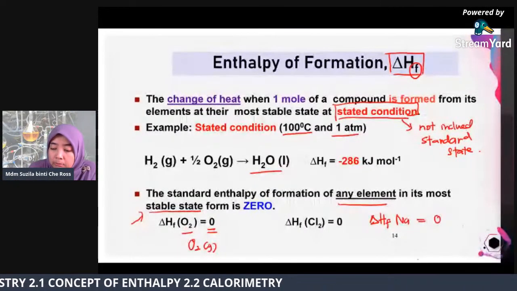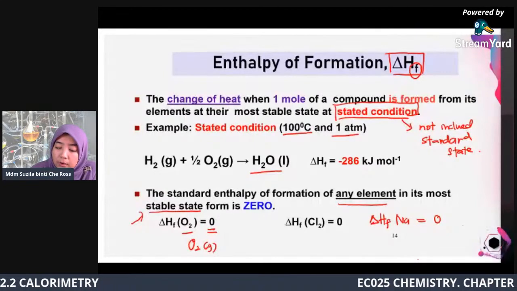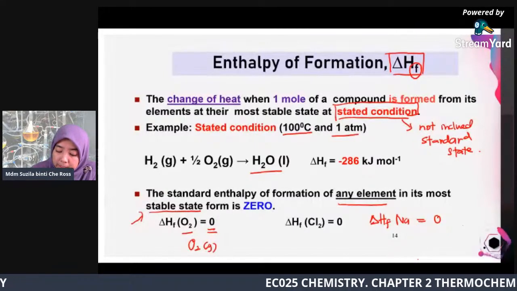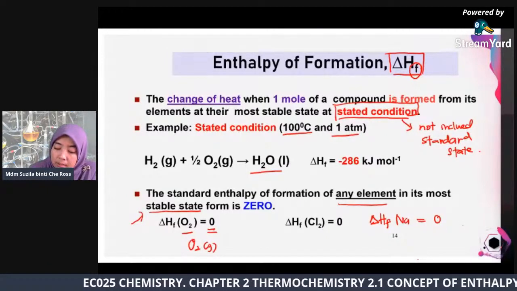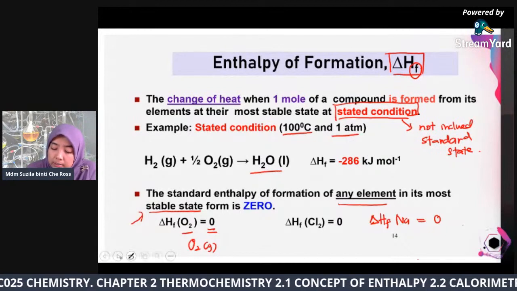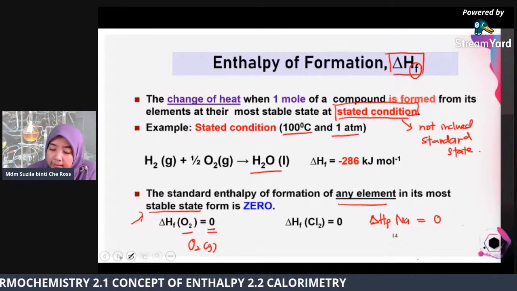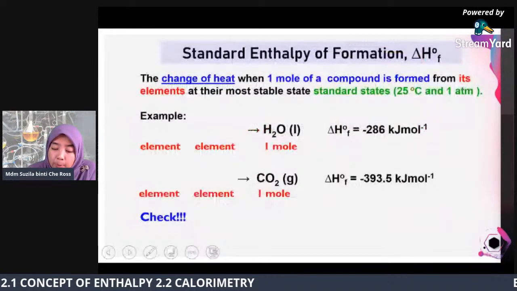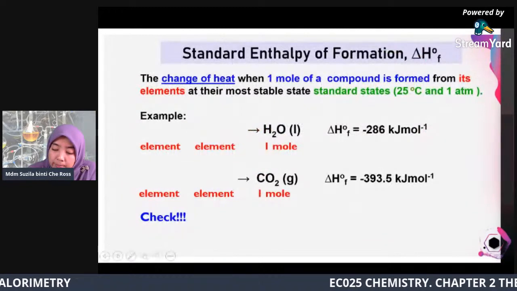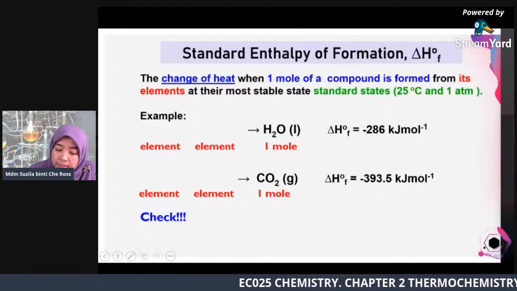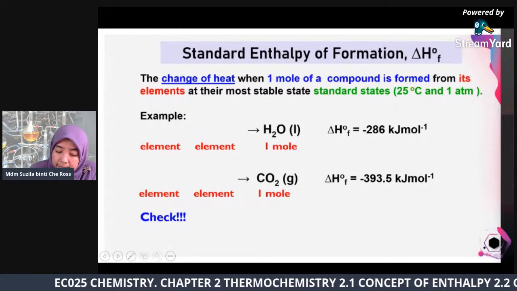Okay, now we want to learn how to write thermochemical equation for enthalpy formation. So in order to write the thermochemical equation, we need to highlight important parts in the definition. So for enthalpy formation here, first thing that you need to highlight here is change of heat.